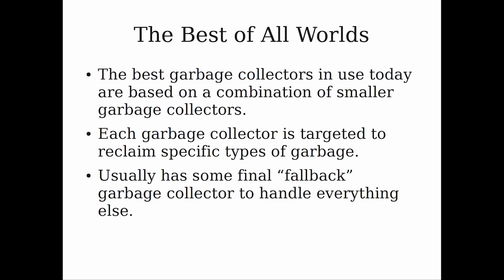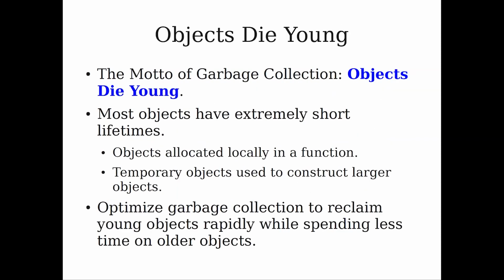The reason we have multiple garbage collectors is that empirical studies tell us most of the objects which are created die young. You create an object and lose the reference to it, because most references are copied during function calls or very short-lived processing. So most objects have an extremely short lifetime.